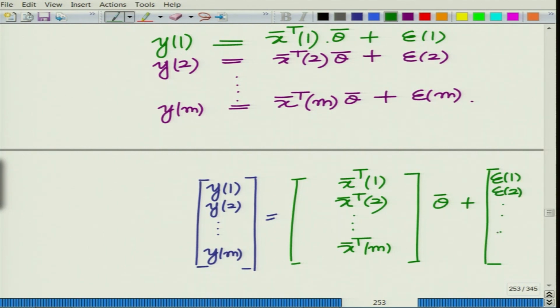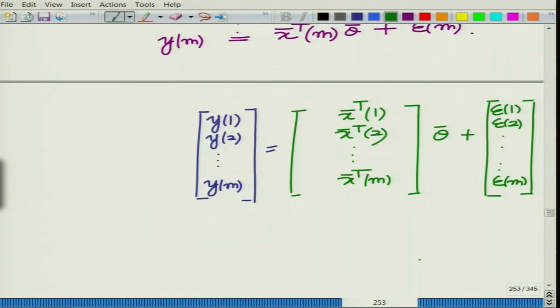which comprises the errors epsilon 1, epsilon 2 up to epsilon m. So, this is essentially your y bar, this is essentially your matrix X, which contains the training vectors of explanatory variables.